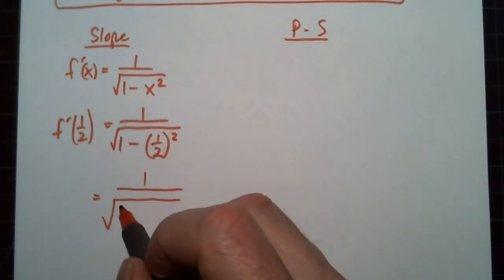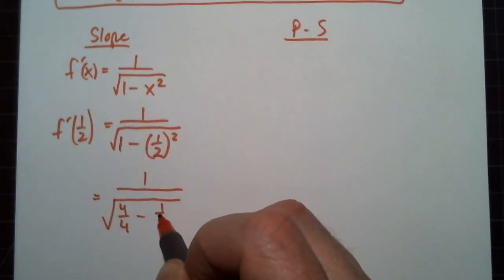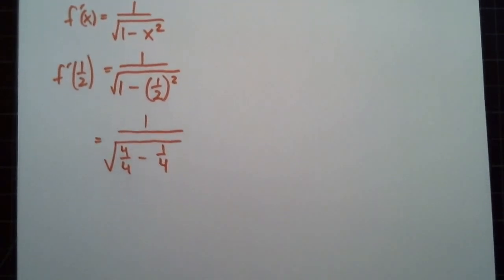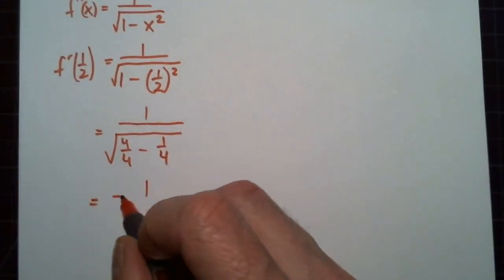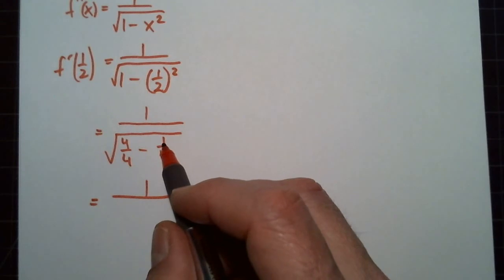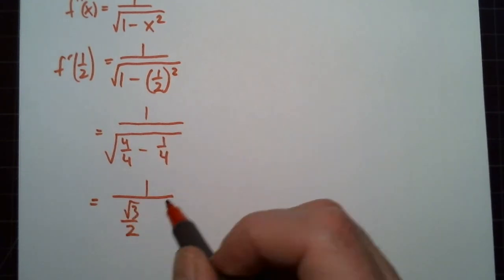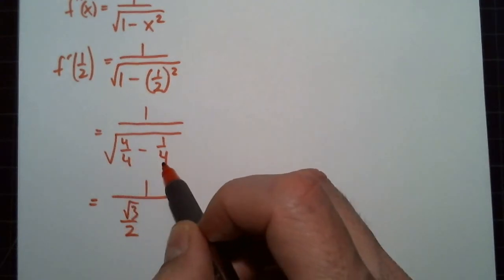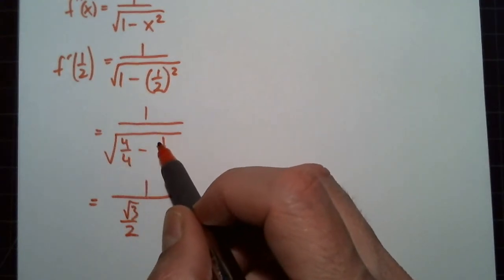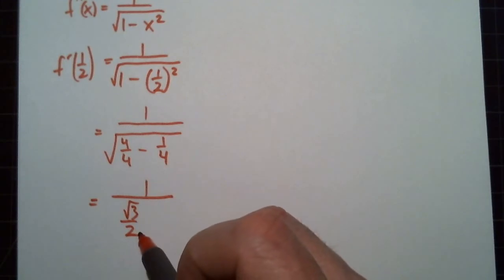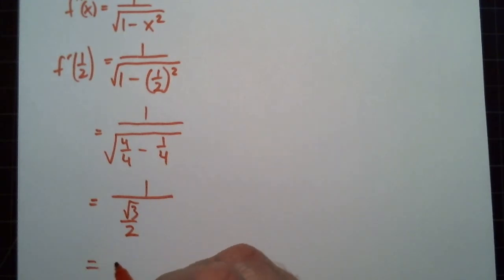One-fourth, this is 4 over 4. Four minus 1, 3 over 4, so we have radical 3 over 2, because here we're going to have 3, so it's radical 3. Radical 4 is 2, so it should be 2 over radical 3.